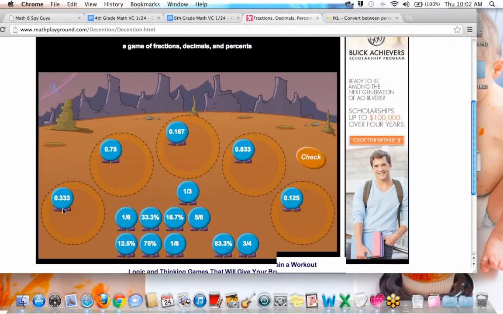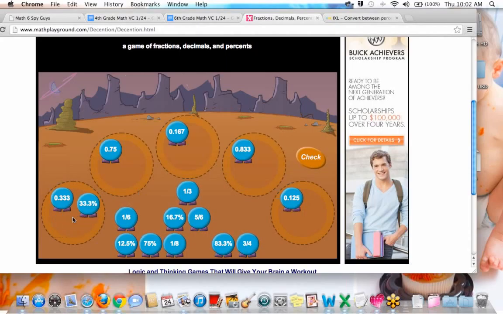Anybody want to tell me which two little buttons I need to move into the same circle? You could type it into the chat or you can raise your hand. Very good, Jack. Good job. So most of you are saying that this is the equivalent percentage.